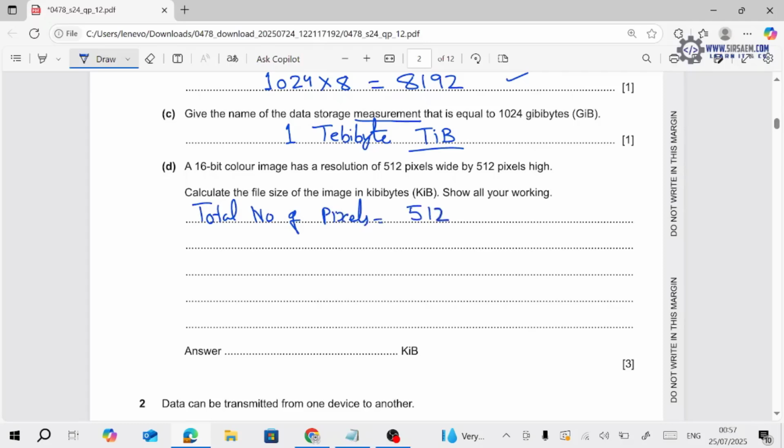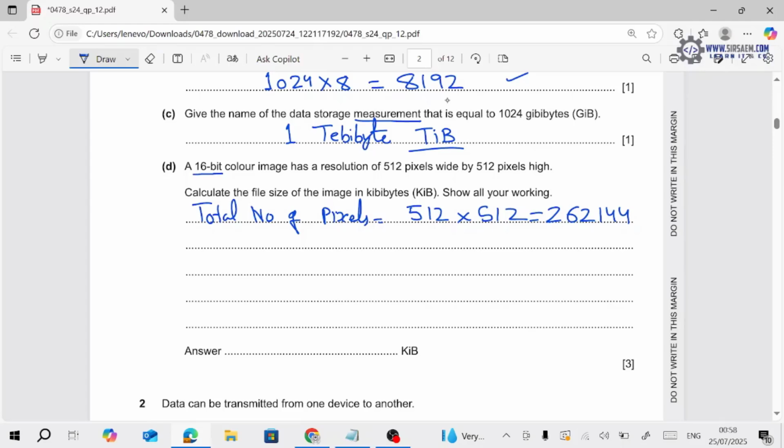We will be doing so by multiplying 512 by 512, which comes out to be 262,144 pixels.